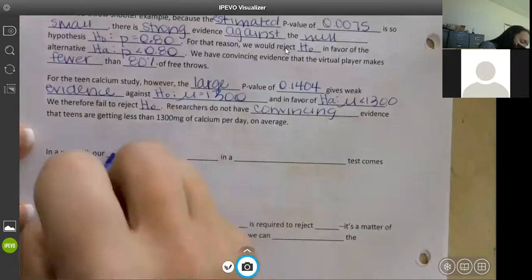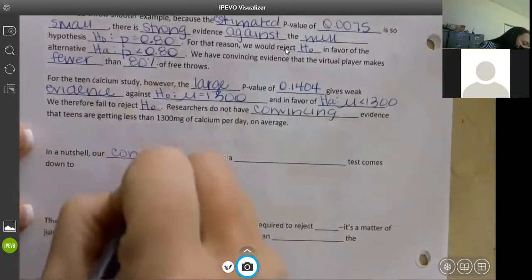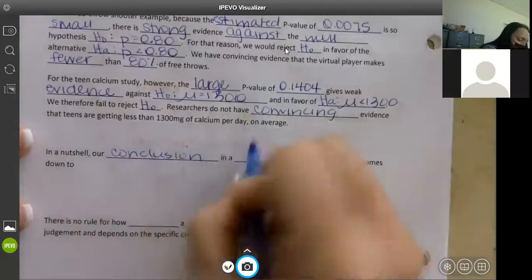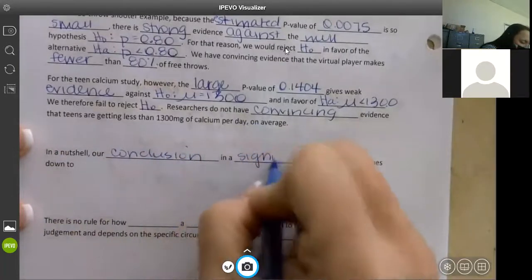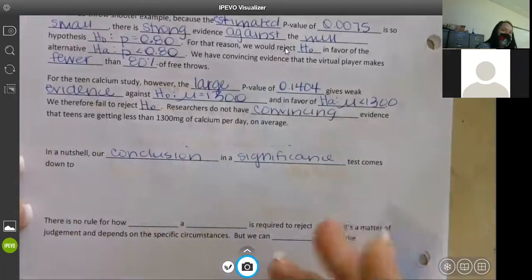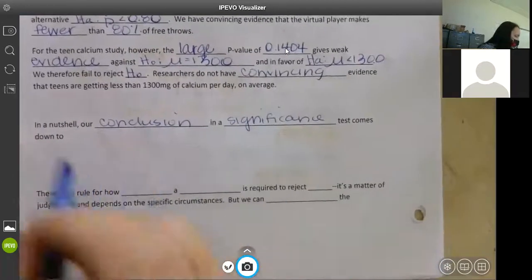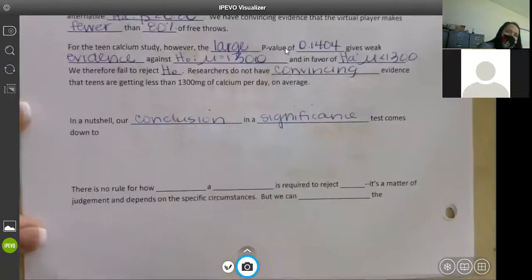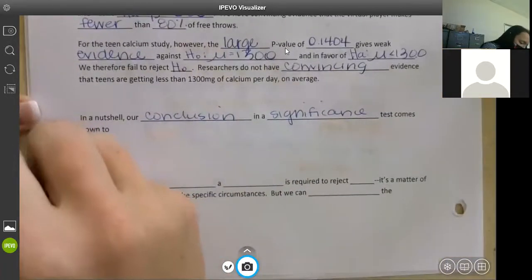So in a nutshell, our conclusion in a significance test comes down to, I'm gonna go all the way to the edge of my paper.